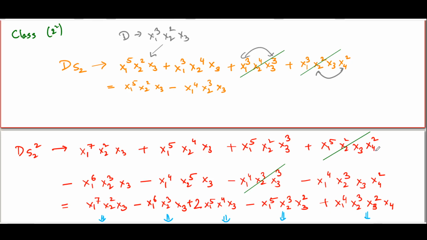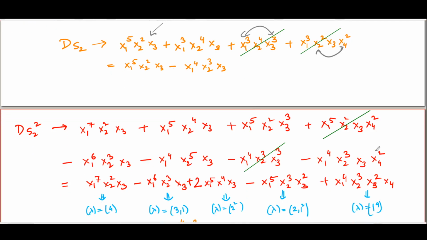Now, let's put all of these together. You will get 7, 2, 1 with the coefficient 1. This corresponds to the partition 4. The partition 3, 1 will correspond to x1 to the 6, x2 to the 3, x3 to the power 1. This is of course here with the minus sign. Now this next partition, the 2 square partition, will actually contribute from this as well as this. Remember here, you do have a minus sign, but you also have the wrong order.